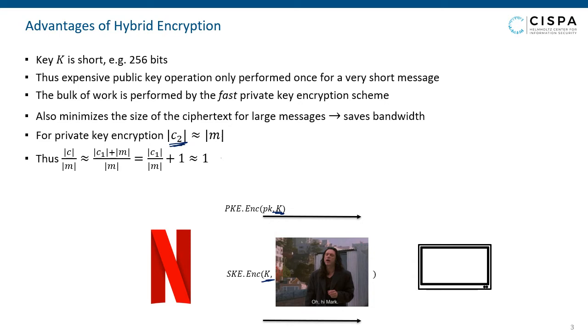So in effect, the overall ciphertext rate we achieve is almost 1 or approaches 1 for long message sizes. So if this size of M is, let's say, 10 gigabytes or 5 gigabytes for a movie, and this C1 is just 256 bits, this is a number very close to 1.